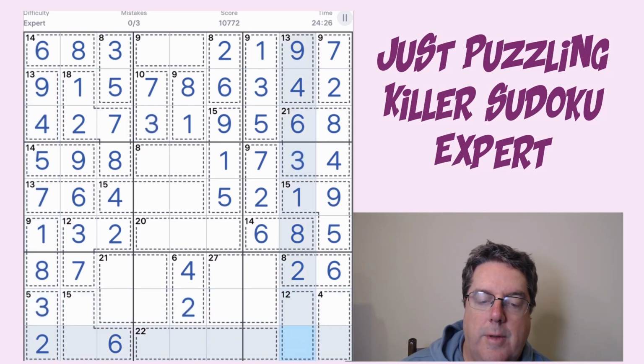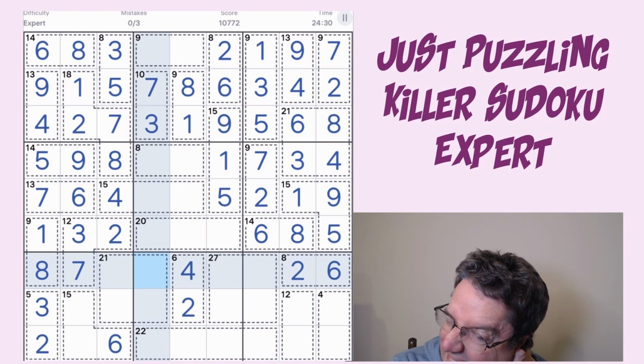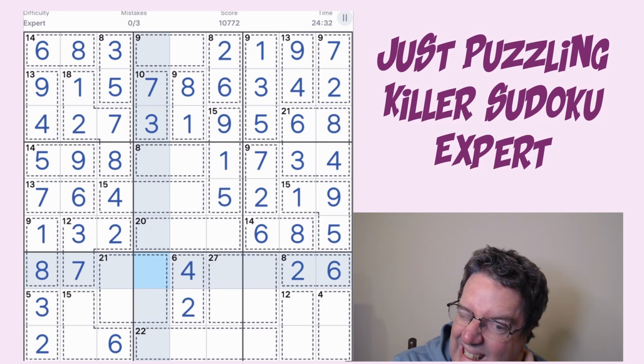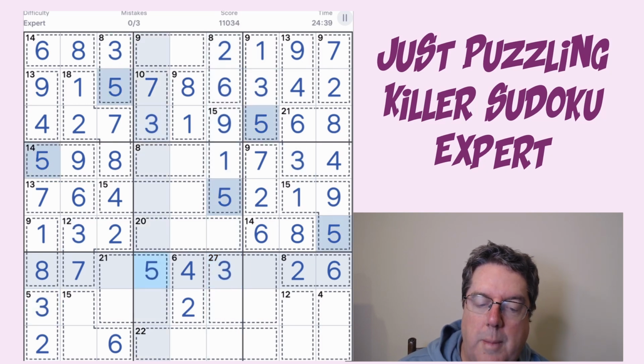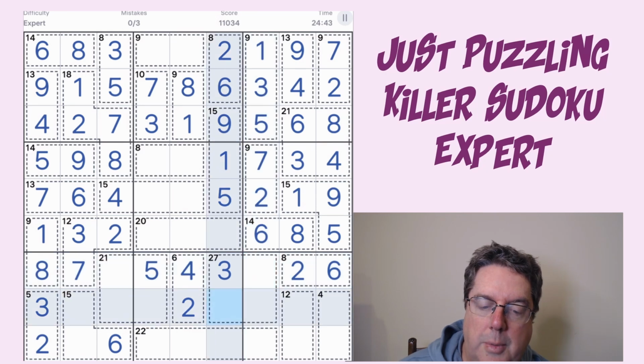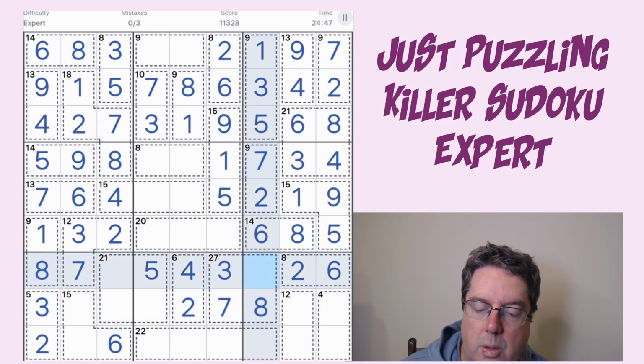Still got 5 and 7 there. So this is 3 and 5. Alright, 3 can't be there, so that's a 3, and that's a 5. What that means is that can't be a 6, because the only numbers now are 7, 8, and 9. So 7, 8, 9.